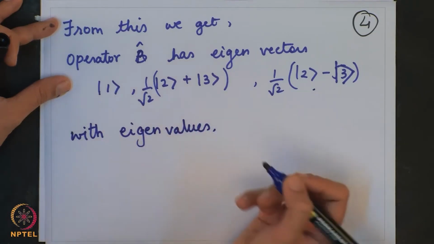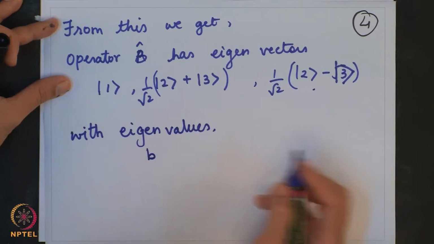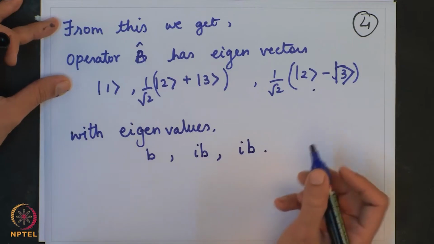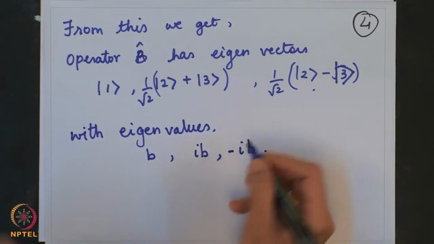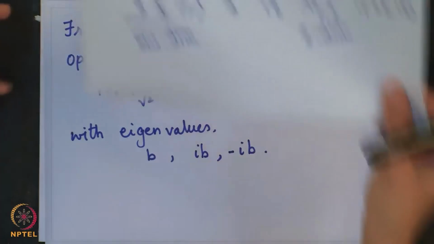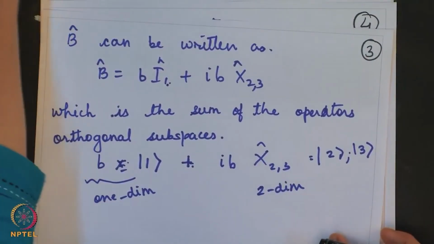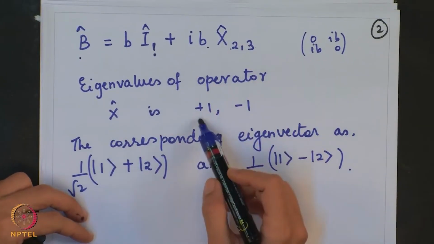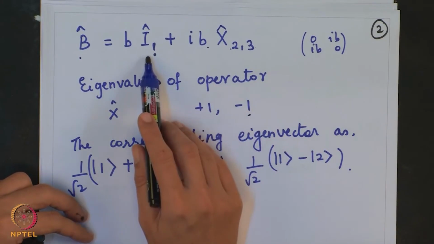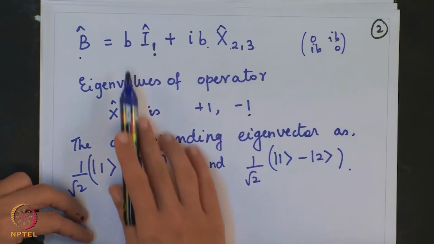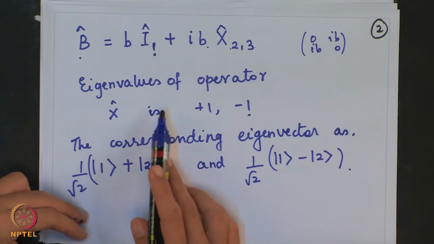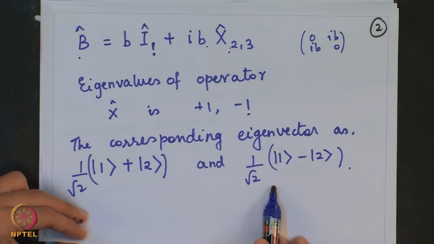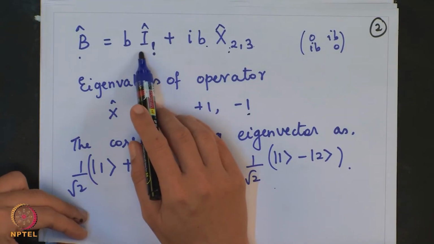From this we can guess the eigenvalues also: b, ib and minus ib, because we have seen here on the second page that the eigenvalues of this operator are +1 and -1. This is an identity operator, so it will have eigenvalue b.